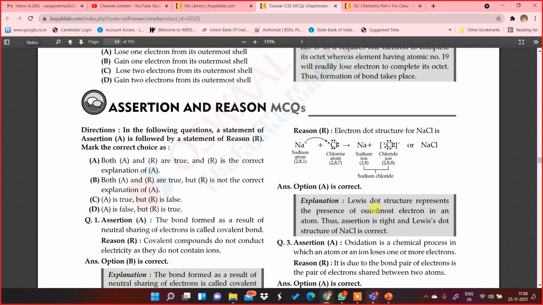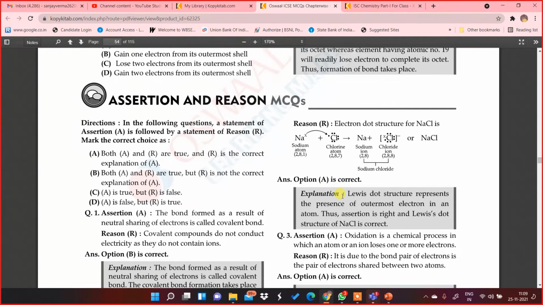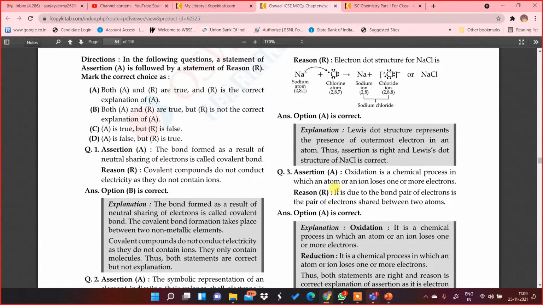Then the reason is the electron dot structure for sodium chloride. That is true. Option A is correct: A is true, R is also true, and R is the correct explanation for A.